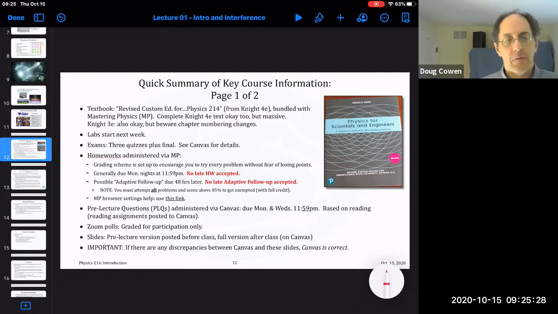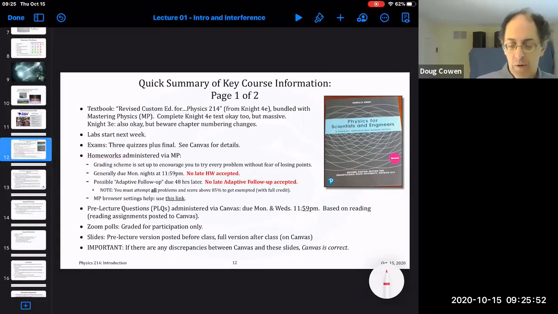And please note that you need to attempt all the problems in the main assignment and reach 85% or higher as your total score in order to get exempted from the adaptive follow-up. So you get exempted and you get full credit, not just if you get 85%.